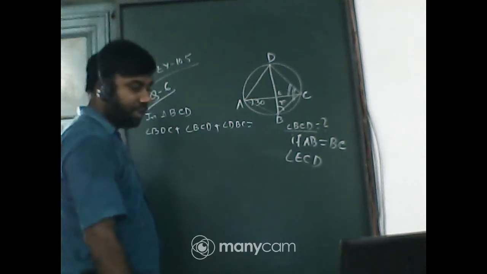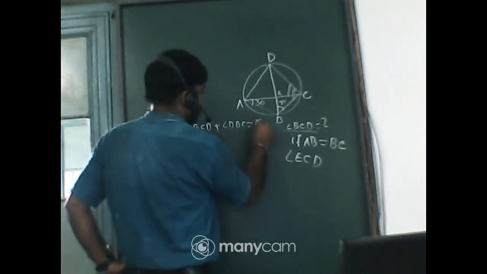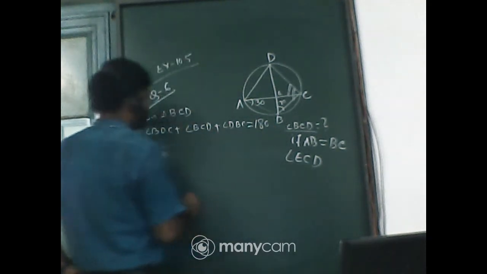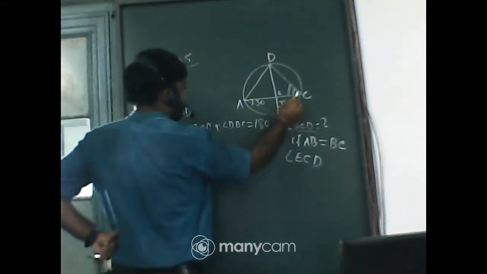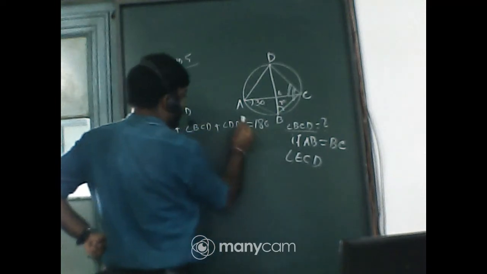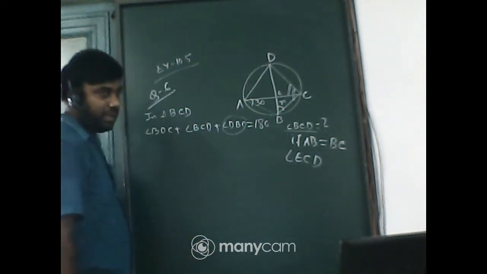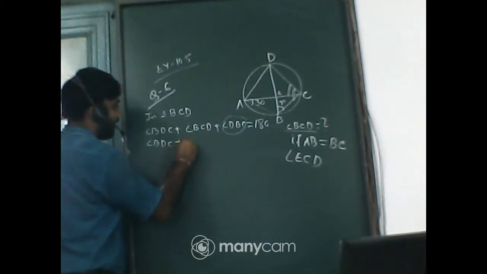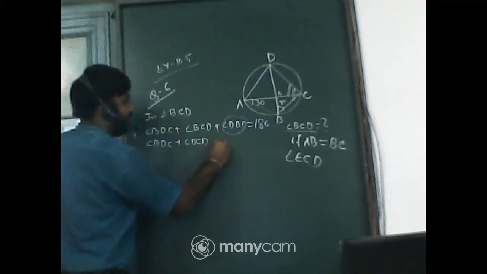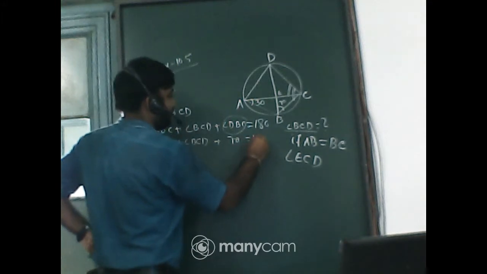What will be the sum of 3 angles? That is 180 degrees. Now, out of the 3 angles, angle DBC is given, that is the measure. So angle BDC plus angle BCD plus 70 degrees equals 180 degrees.